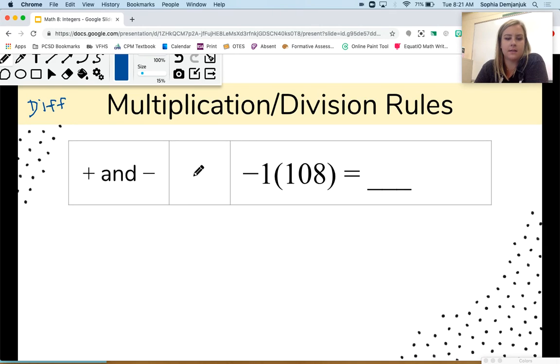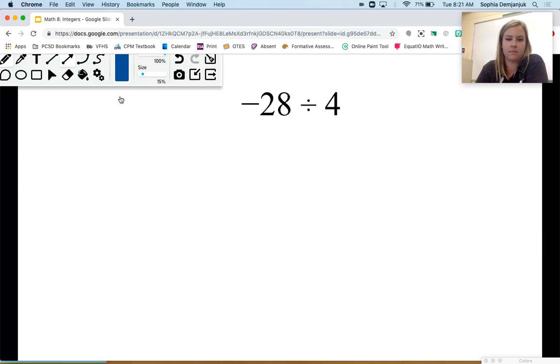Since they're different signs, there's an odd number of negatives. Your final answer is going to be negative. So -1 times 108 leaves me at -108. Go ahead and complete -28 divided by 4. Only one negative should have left you with a -7.